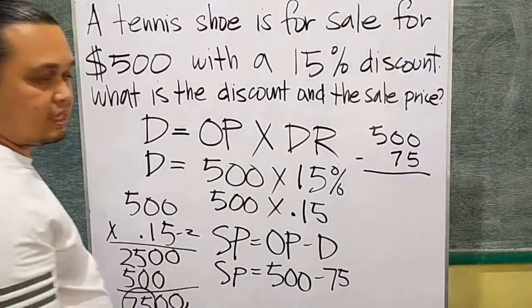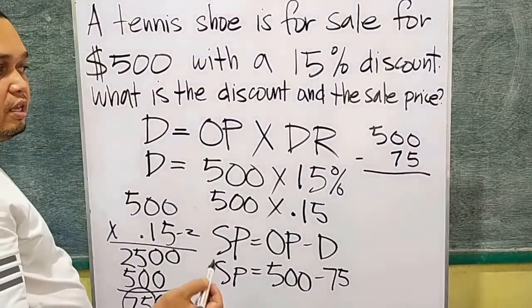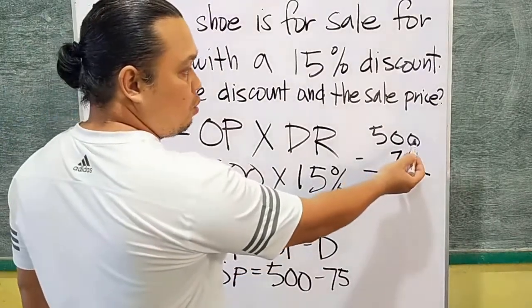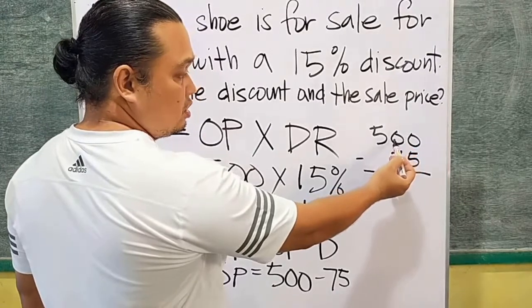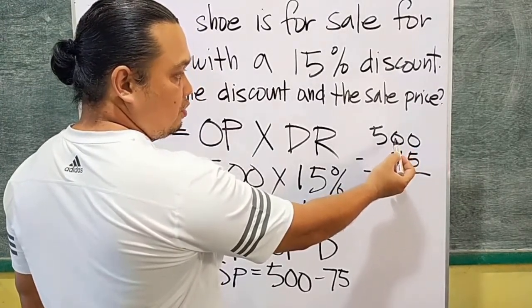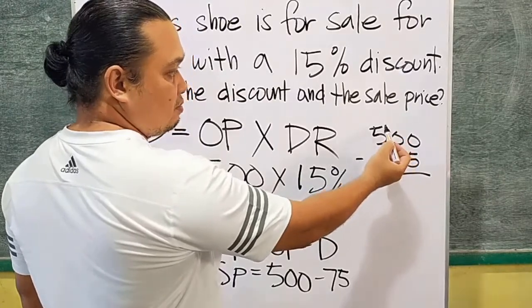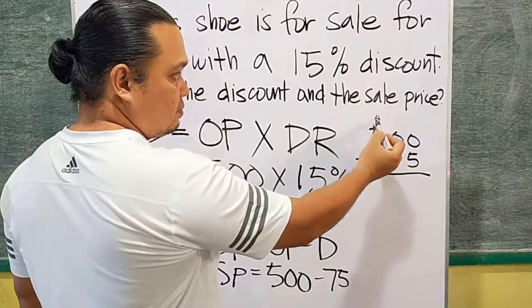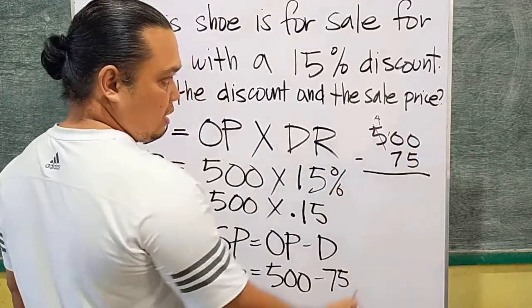0 minus 5 cannot be, because 5 is greater than 0. So 0 must borrow 1 from the next digit, which is 0. And 0 has no value. So therefore, it needs to borrow 2 from the next digit, which is 5. So 5 will become 4. 0 will become 10.